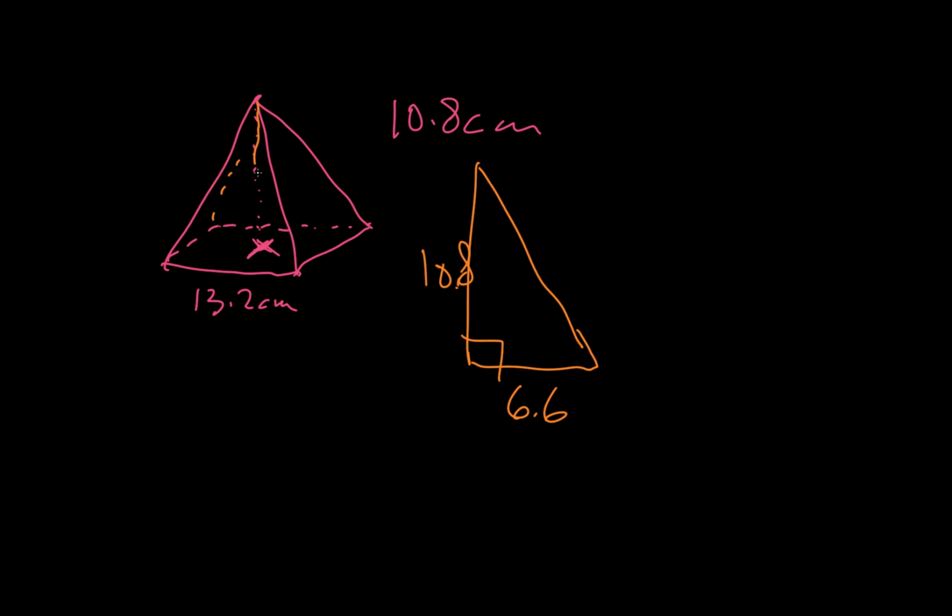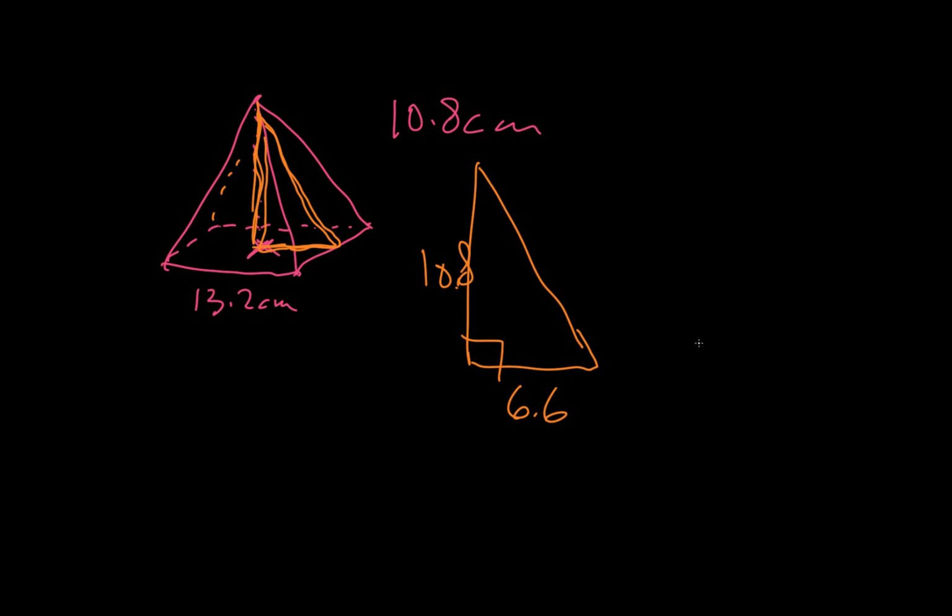So essentially we're taking this triangle like that, and what that's going to do is it's going to help us find the height of this triangle right here. So the distance from here to here is half of this, which is 6.6, and then our height is still the same.